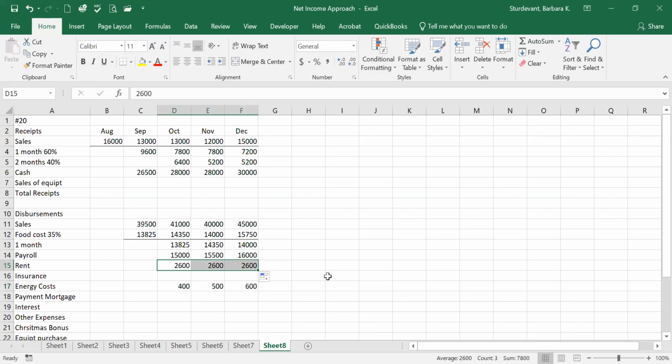What else we got? Loan interest. So we had interest of $400 every month.